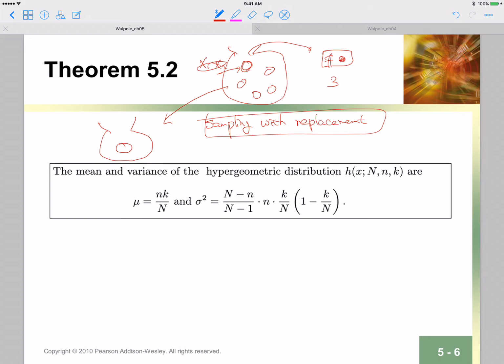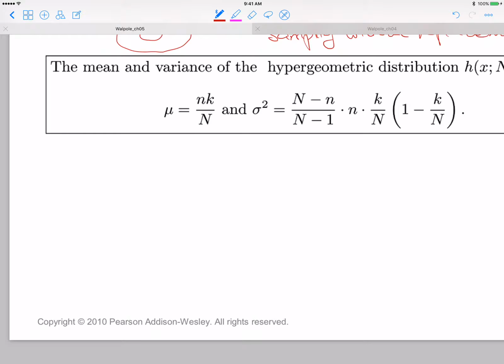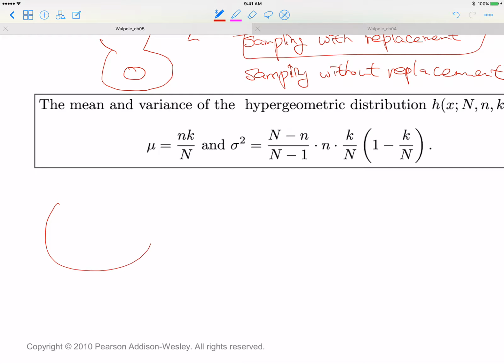Okay, but there can be another situation, which is sampling without replacement. A more familiar situation is that we have 3 circles in the basket, and then maybe 2 triangles and 4 stars.